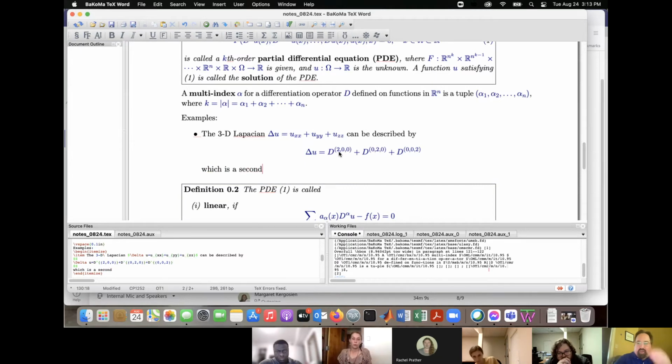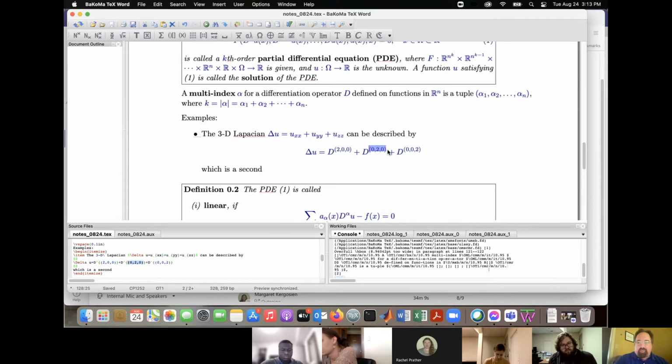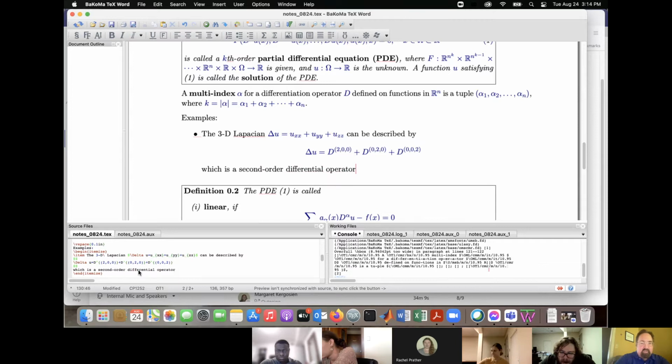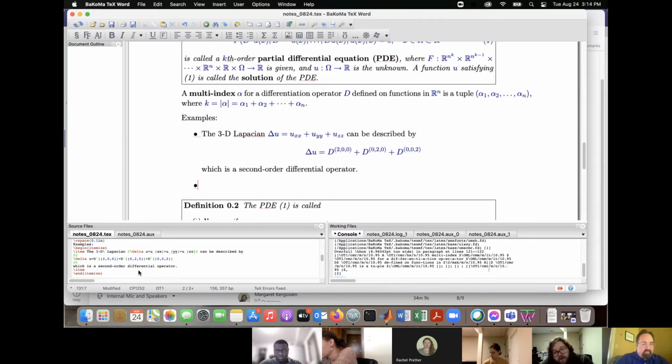Now, each one of these differentiation operators is of order 2, because the absolute value or magnitude of each of these multi-indices is 2, because if you add up all the indices in each one, you would get 2. Another example.